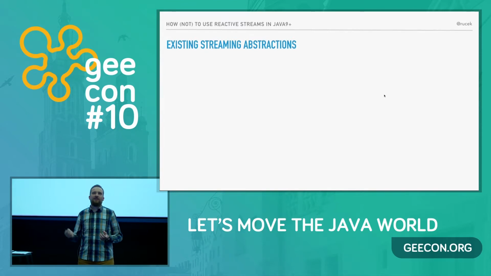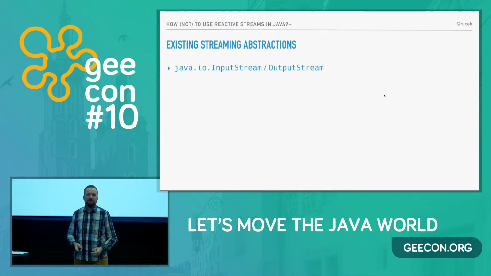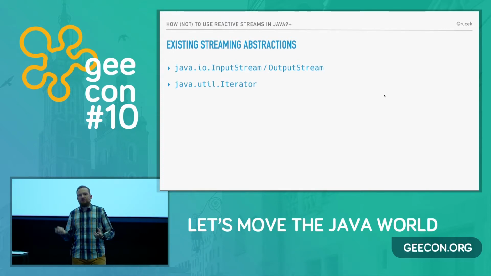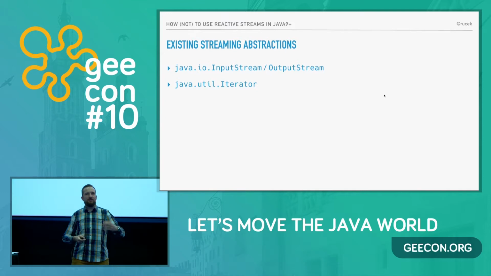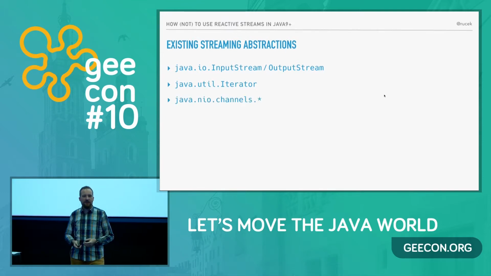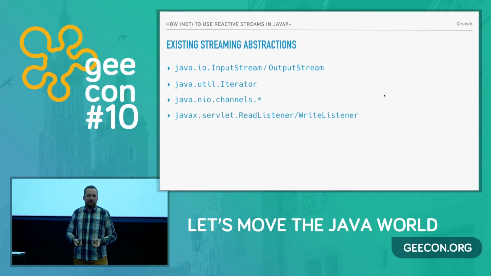If you look at the JDK at the moment, even before JDK 9, there already are some streaming abstractions. The simplest ones are basically the input and output streams. There is an iterator, which you can think of as a streaming abstraction because it doesn't load all the data in memory at once. It can just expose some kind of streaming behavior. There are channels in the new I/O.